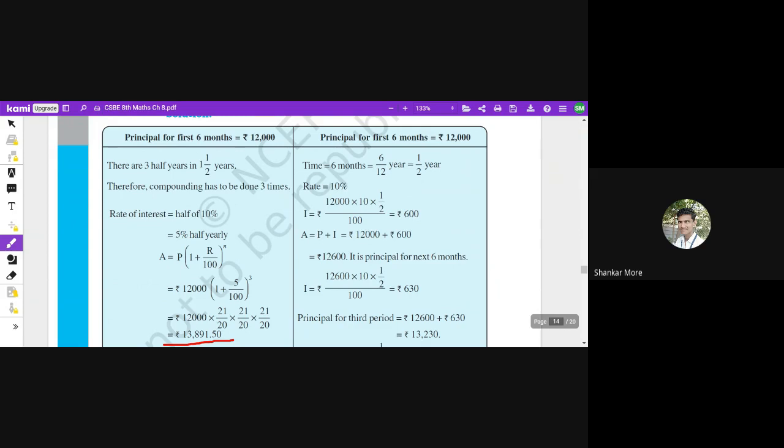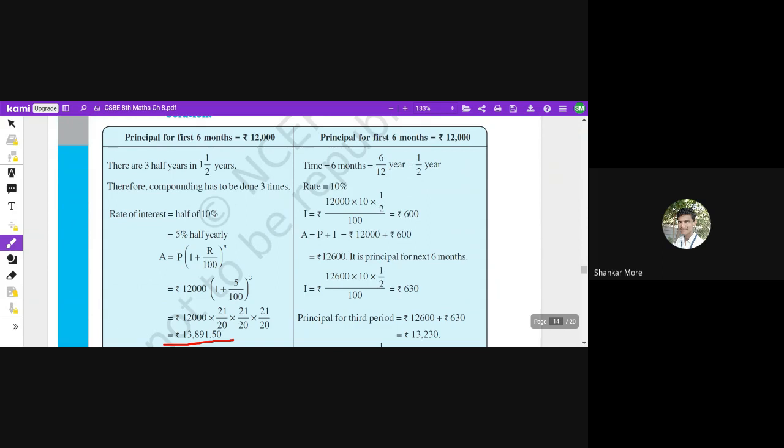Now tell me, when we are calculating with this method, do we need to half the rate? क्या हमें rate को half करना पड़ेगा? If we are calculating this way, पहले 6 months के लिए सिंपल इंटरेस्ट निकालो, बाद में सेकंड 6 months के लिए सिंपल इंटरेस्ट निकालो, बाद में तीसरे 6 months के लिए सिंपल इंटरेस्ट निकालो. So do we have to cut the interest rate in half? यहाँ पे जरूरत है क्या?